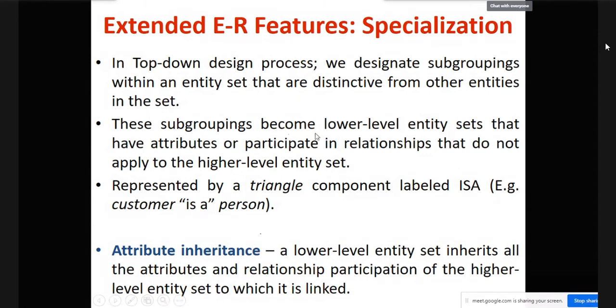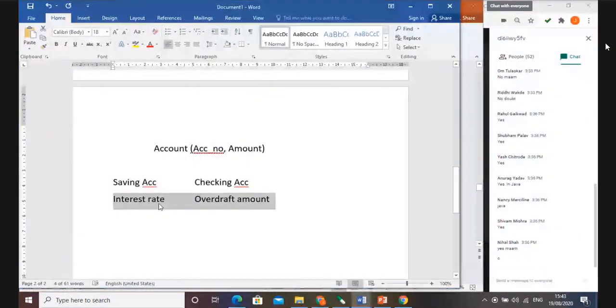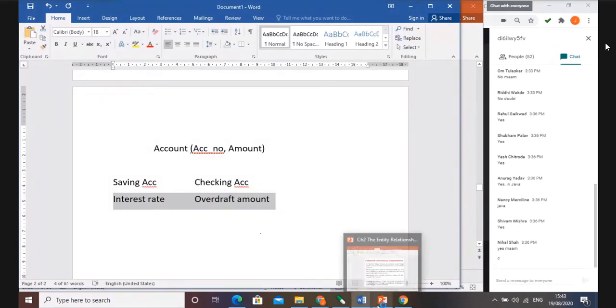These subgroupings become lower level entity sets that have attributes or participate in relationships that do not apply to the higher level entity set. That is, just now we saw these subgroupings are having attributes which are not part of your higher level, because every subclass will not have that. So those are not part of that higher entity set. Okay.